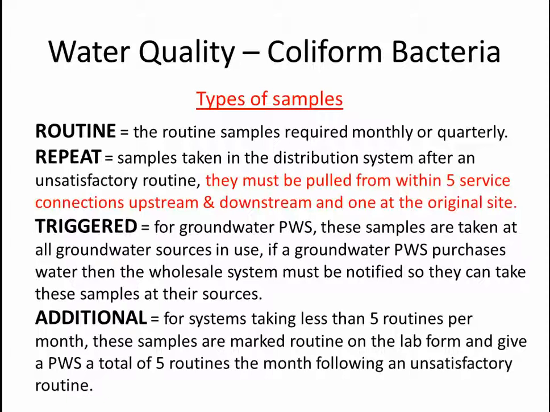So routines, repeats, and triggers are all taken in the same month. So if you have a positive routine sample in November, you're taking your repeats and your triggered samples in November, but then in December, that's when you take the additional samples. Additional samples are always the month following a positive sample.